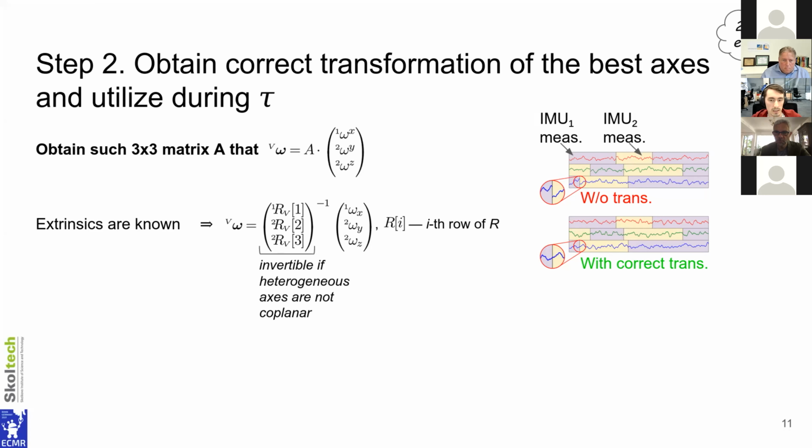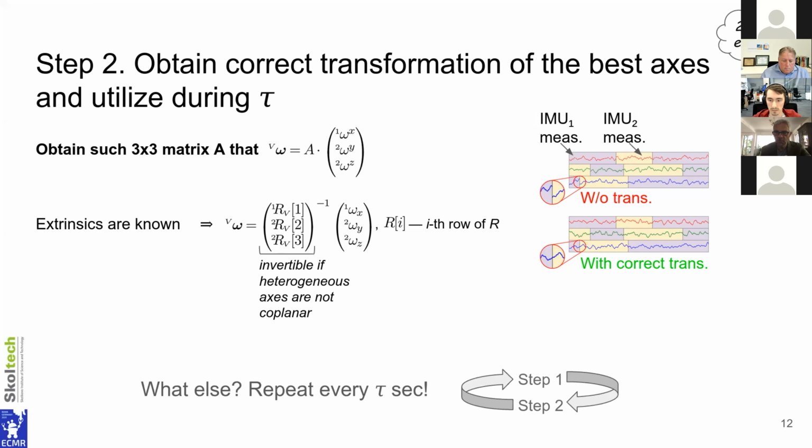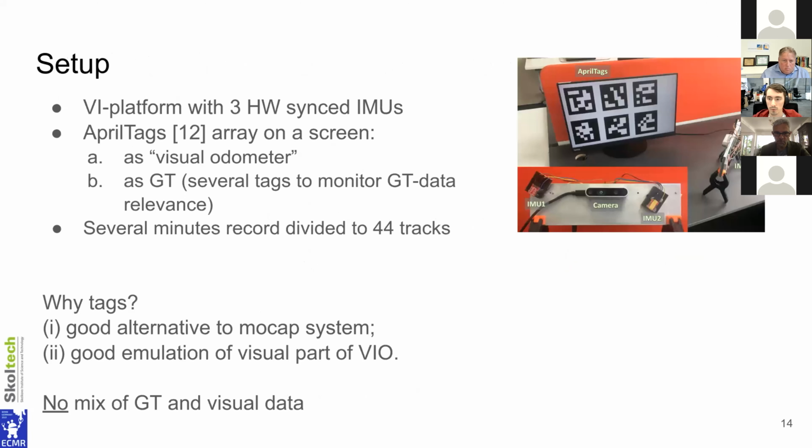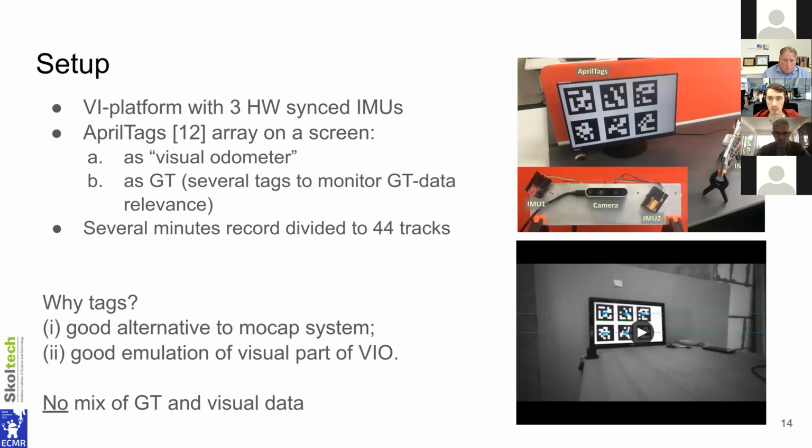And what else? That's actually it, and we just need to repeat step 1 and step 2 for every period tau. For justification of our approach, we developed our own visual inertial platform with 3 IMUs and a single visual camera. We utilize an AprilTag array for 2 tasks.